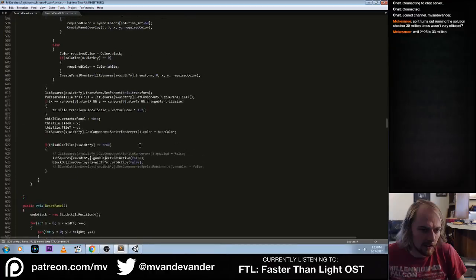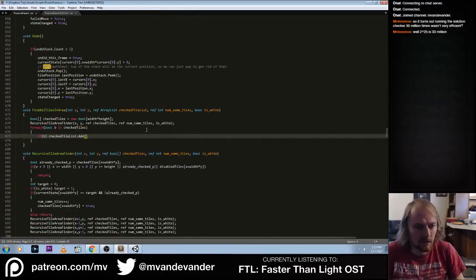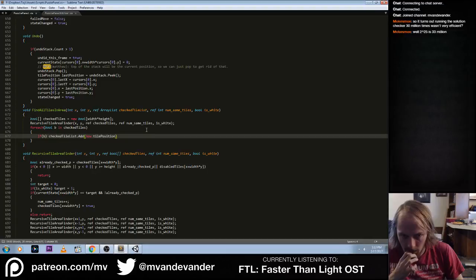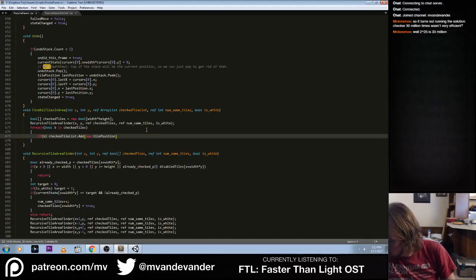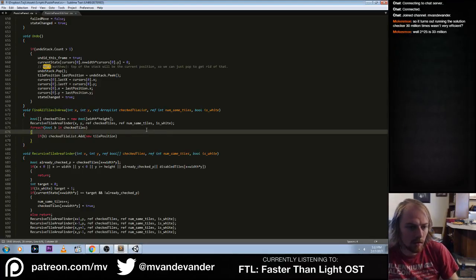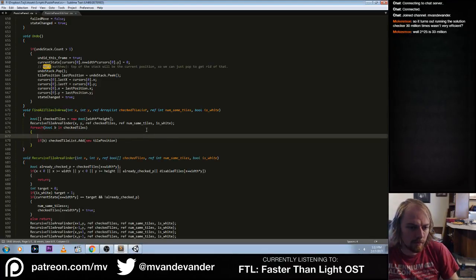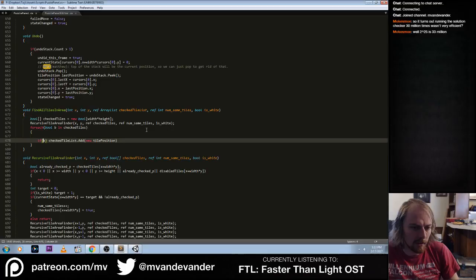So I created like a, okay, tile position, so new tile position. Hold on. Yeah, I'm gonna have to do this a little differently.